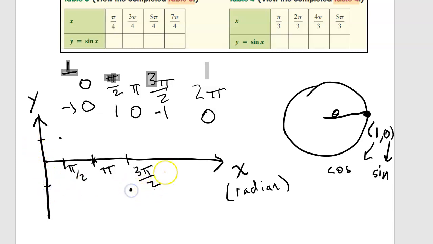So that'll be down here. And then at 2 pi, we have another 0. That'd be right here. And if we were to try to graph just a sketch of this right now, connecting all these dots, it would look something like this. Okay, and this would be our first sketch of a sine graph.